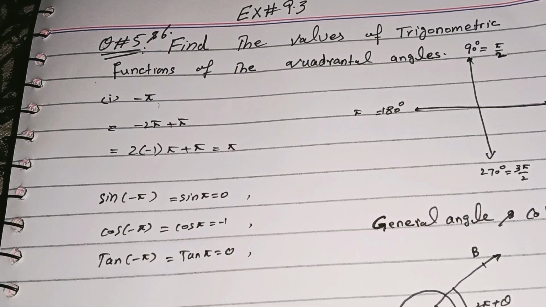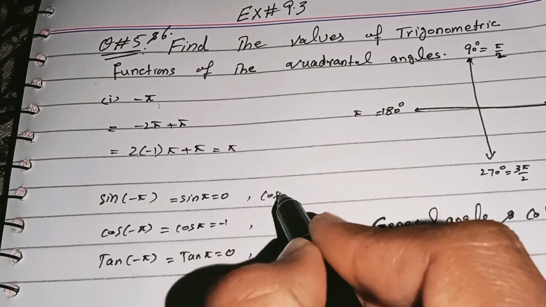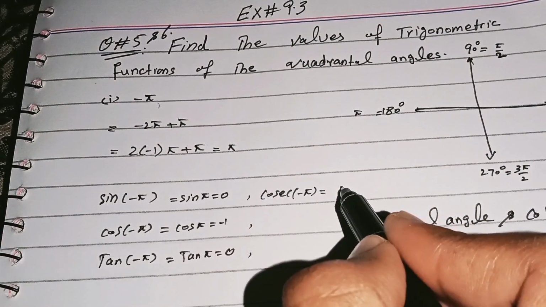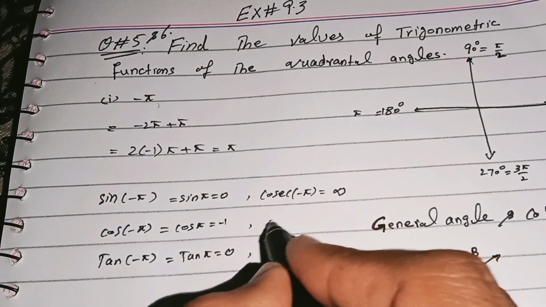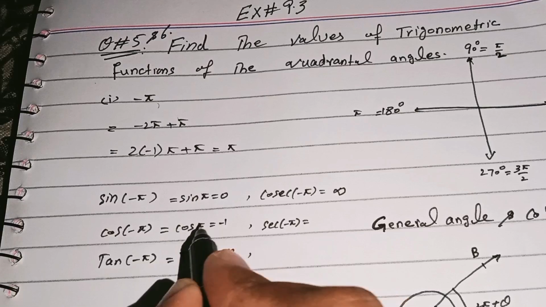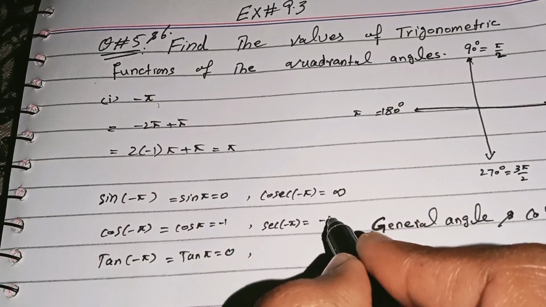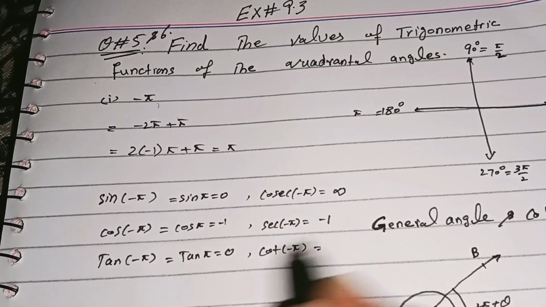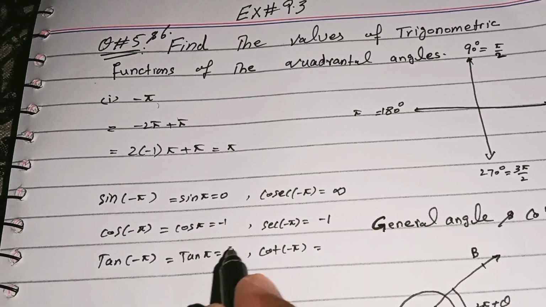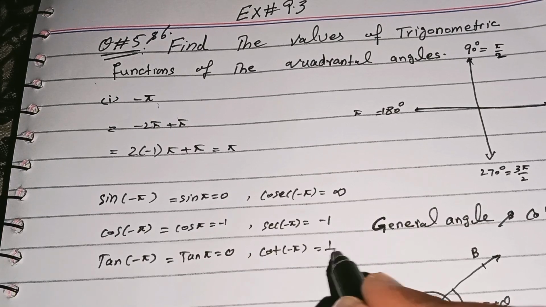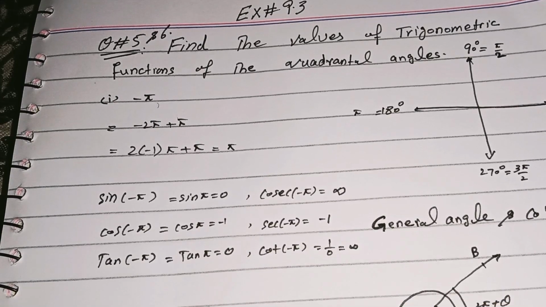And for the remaining, cosec of minus pi is the reciprocal of sine, and the reciprocal of 0 is infinity. Sec of minus pi is the reciprocal of cos, and cos is minus 1, so the reciprocal of minus 1 is also minus 1. And cot of minus pi is the reciprocal of tan. Tan of minus pi is 0, therefore cot of minus pi is the reciprocal of 0, 1 over 0, which is equal to infinity.